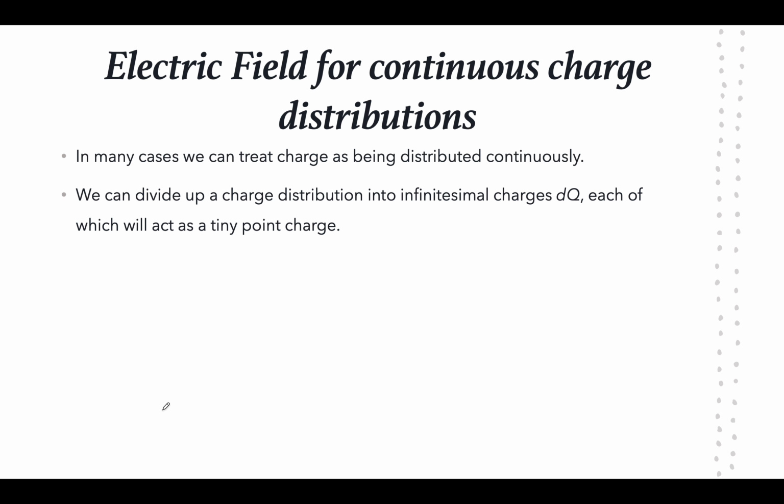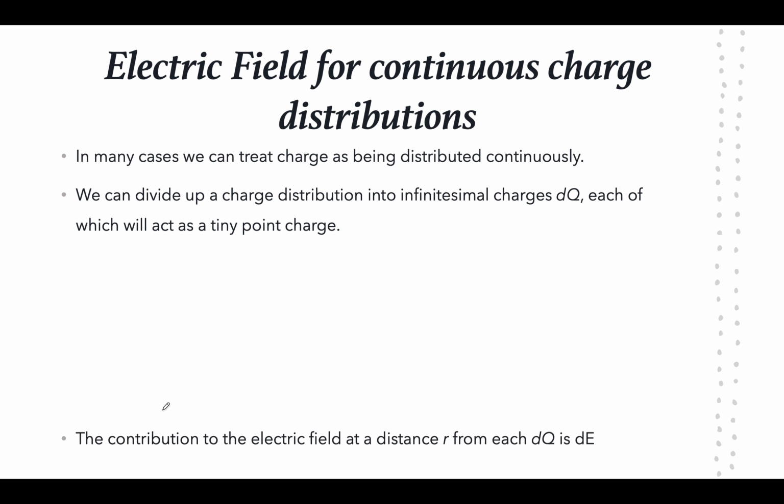Well, what we do is we take the object and we break it down into an infinite number of pieces, of differentials, right? And each one of those differentials is going to have a piece of the total charge. And that piece is going to be dq, a charge differential.